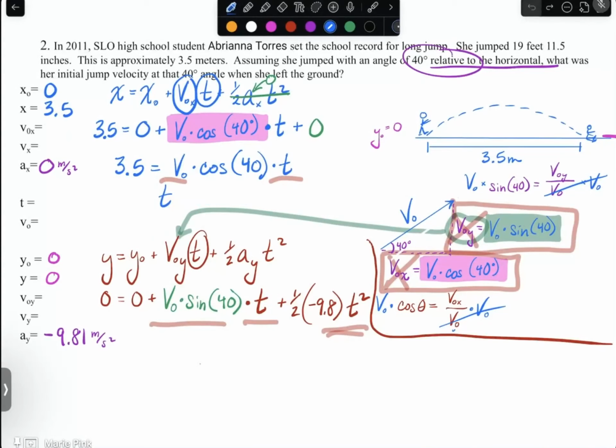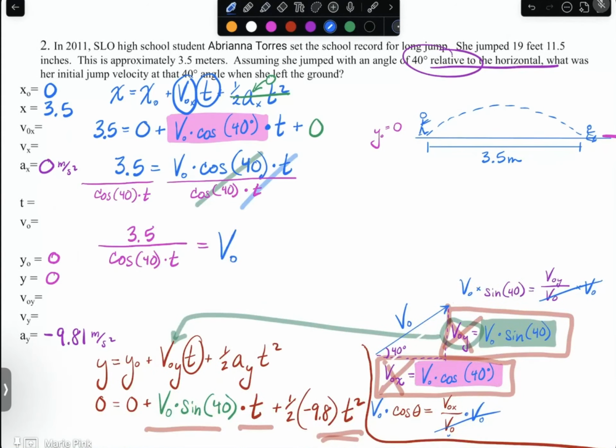So instead, I'm going to rearrange this equation so I get V naught by itself. I'm just going to divide everything by cosine of 40 times time. I move the cosine of 40 times time to the other side by dividing by both. Now I have an expression for my starting velocity.